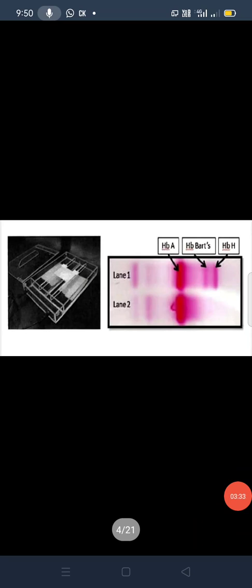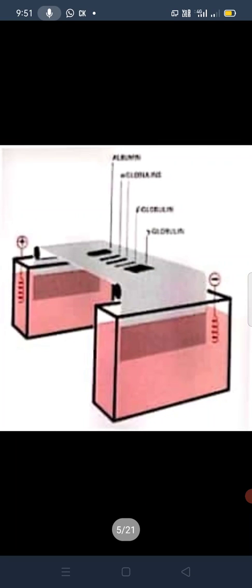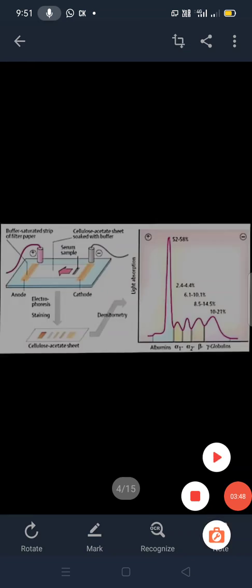In this picture we can observe the apparatus of cellulose acetate electrophoresis. This is the schematic representation of cellulose acetate electrophoresis. In this picture we can observe the setup of cellulose acetate electrophoresis.